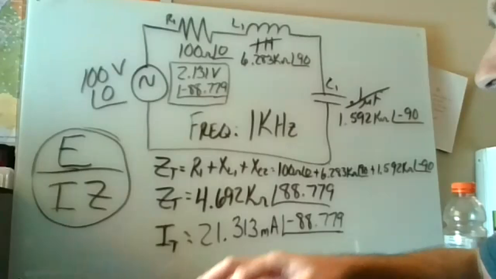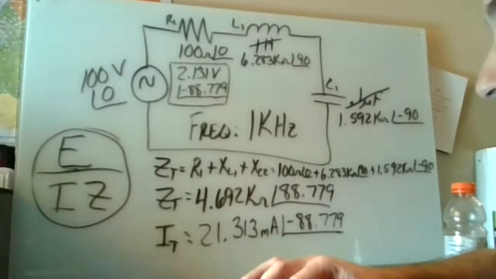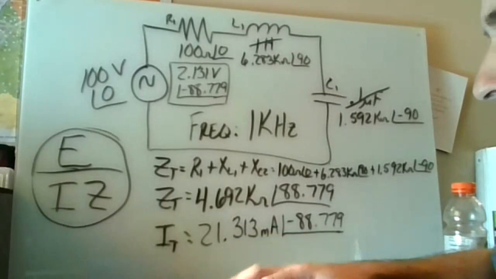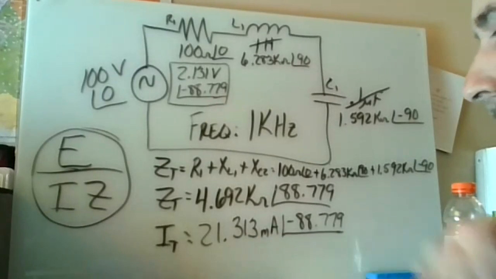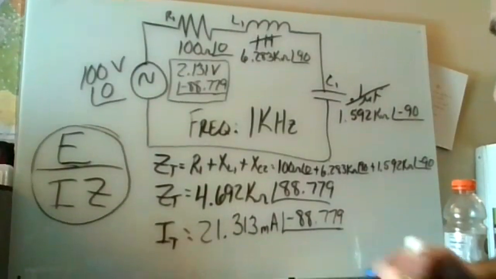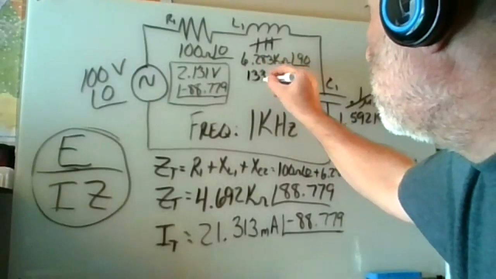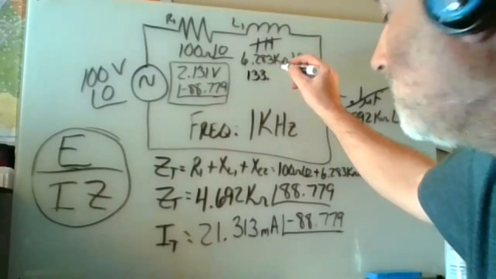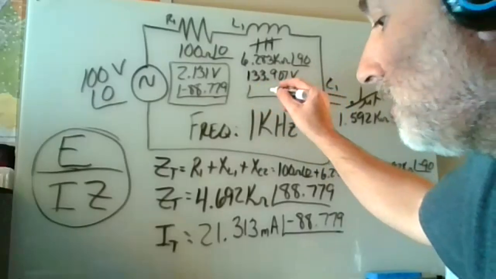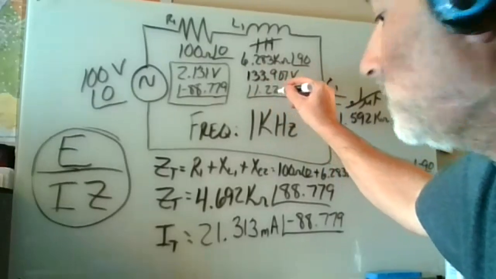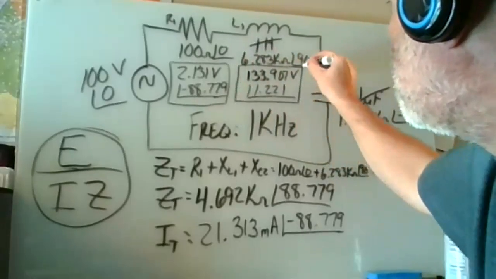Again, 100 at an angle of 0 times 6.283K at an angle of 90 divided by alpha Z. And when I do that, I get 133.907 volts at an angle of 1.221. So that's my voltage drop there.